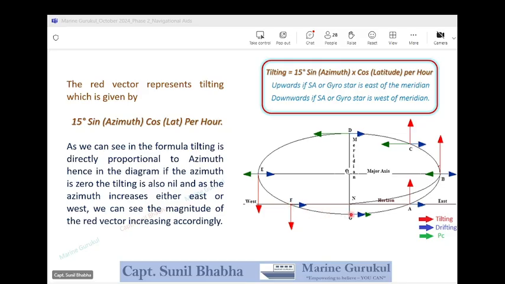Foxtrot to Golf, the azimuth comes down, becoming 0 eventually at point Golf. Similarly, the tilting keeps decreasing and eventually becomes 0 at point Golf. So at every point on the ellipse, the magnitude of the tilting vector matches the magnitude given to us by the formula.